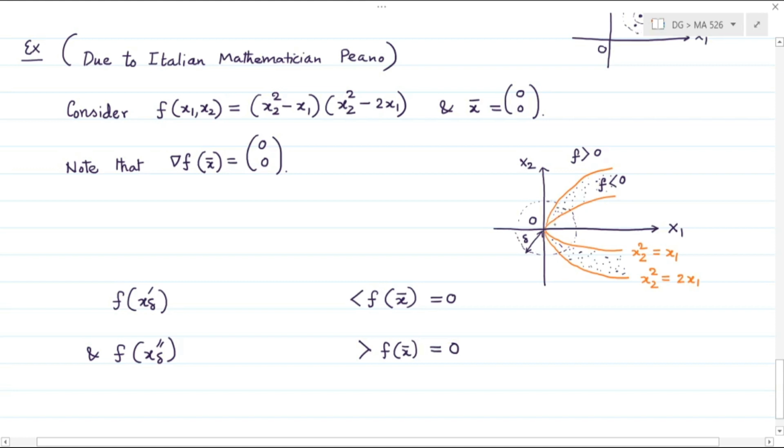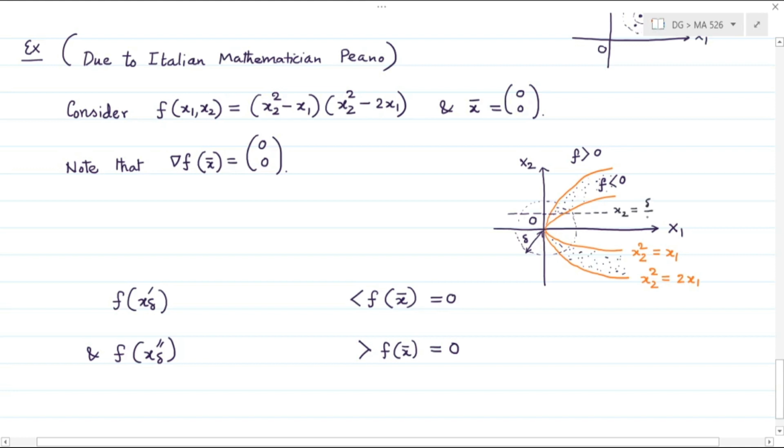To be more precise, let me consider here, obviously the radius is delta. Let me consider here delta by 2 on the x2 axis, and corresponding to this delta by 2, let me try to find a point that lies in the intersection of this line x2 equals delta by 2 and the dotted region.